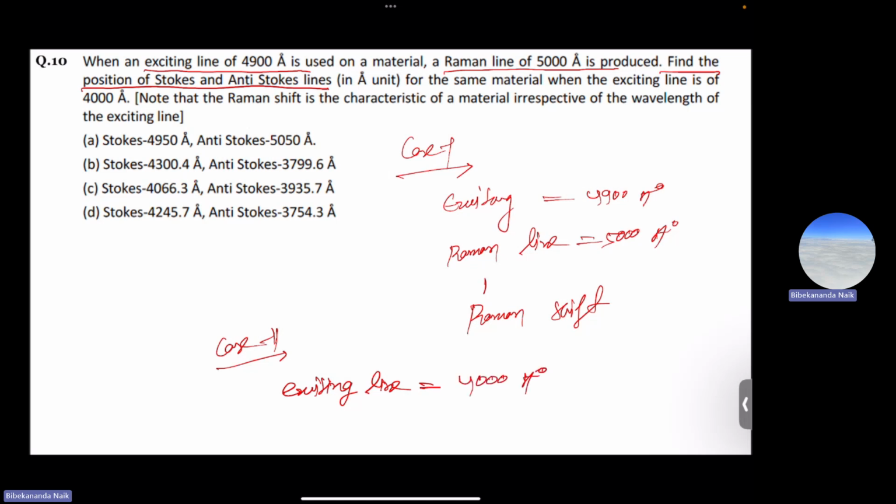Then what will be the position of Stokes and anti-Stokes line? So I hope the question is clear to you. I'll give you a few minutes and then we will discuss what will be the correct answer.